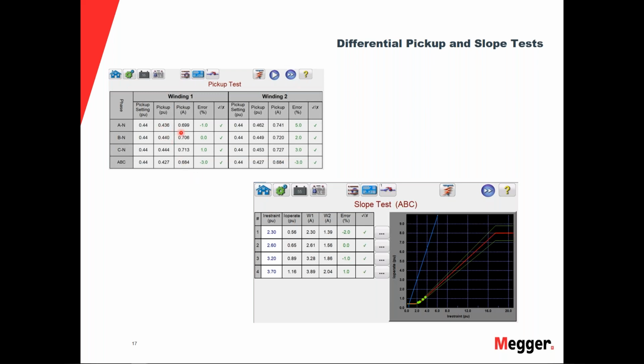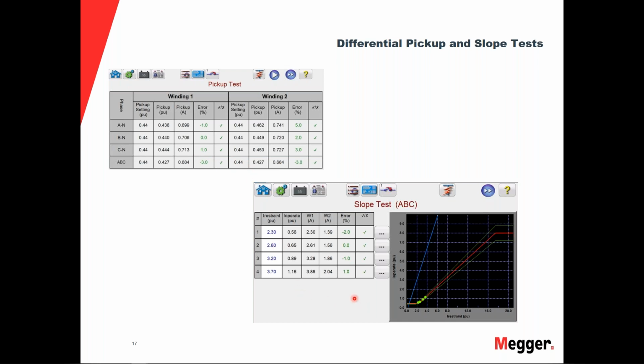We'll pick up with some pickup value here, which will come out of the settings, and then we're going to increase the current until we get an operation. So in this diagram, we're checking individual phase pickups, and then we're checking a three-phase, and I'll explain and show this later on as well.